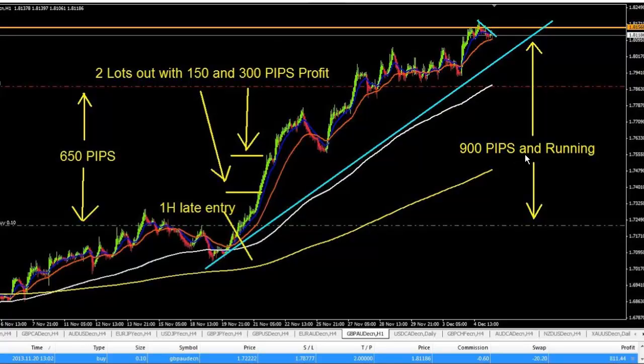The last lot is about 900 pips in profit and still running. Okay, so it's a really good one. It's a small position, but you can see even with a mini lot, the last position makes good profits. Okay, it's 800 euros or dollars or whatever.